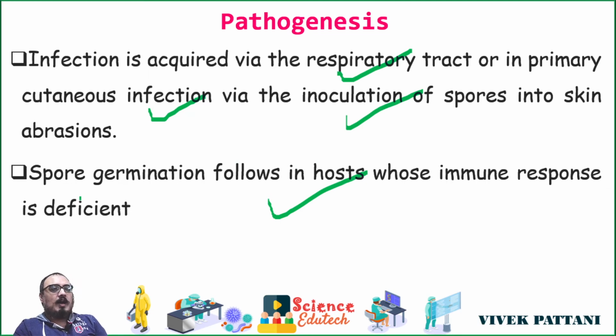It occurs in immunosuppressed patients, such as in COVID-19, as well as AIDS patients. It's a rare infection, but the mortality rate is as high as 54%.